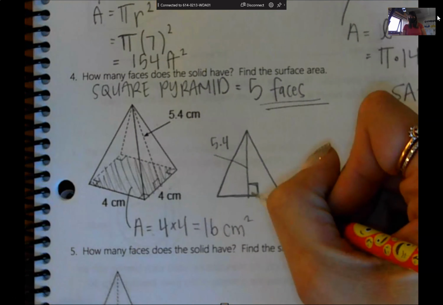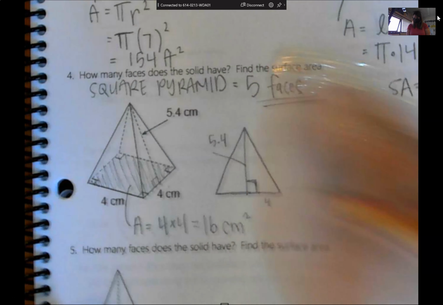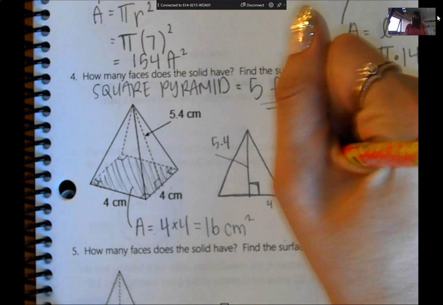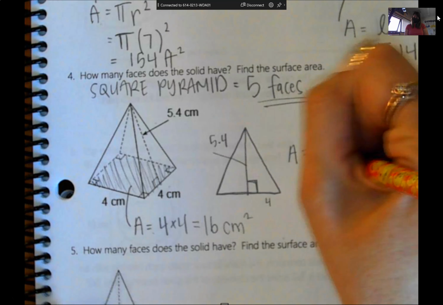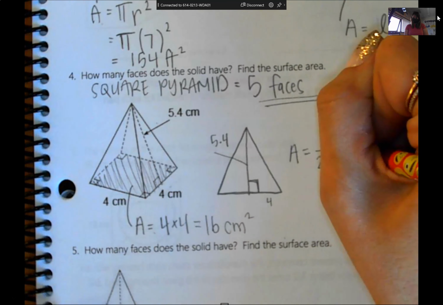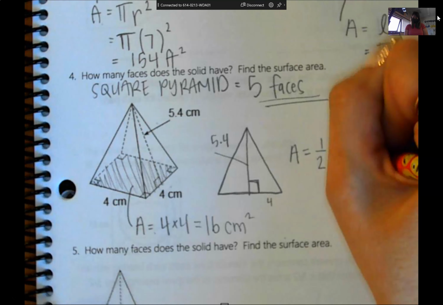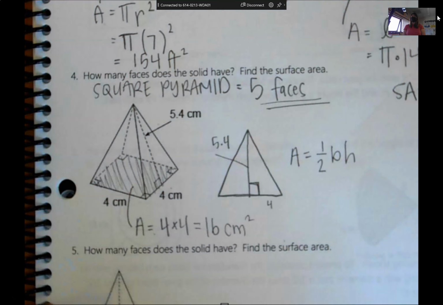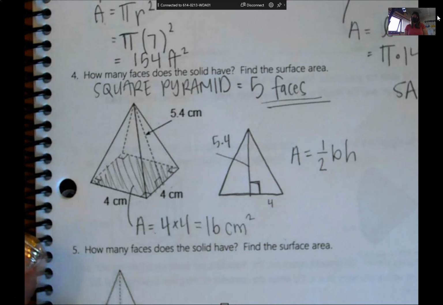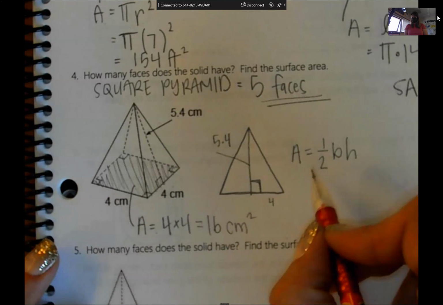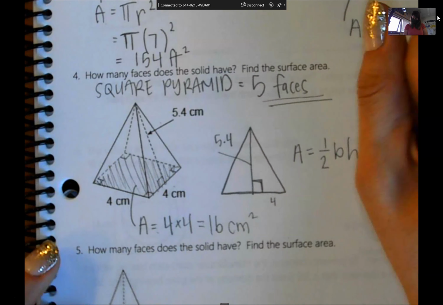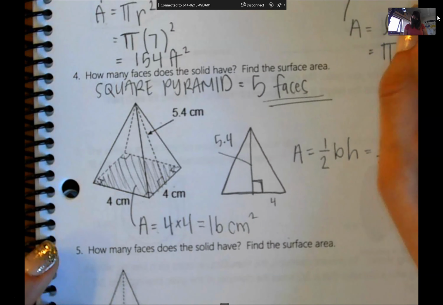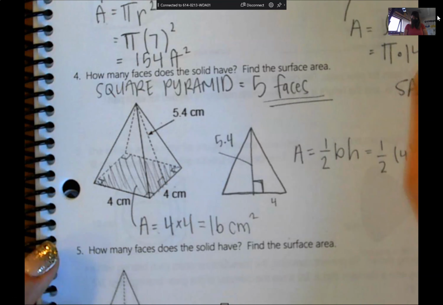What's the base of our triangle? 4. What is the area of a triangle? I know this one. Do you guys? 1/2 times base times height, because a triangle is really half of a square. So the formula is half of a square. Okay, 1/2 times base of 4 times height of 5.4.